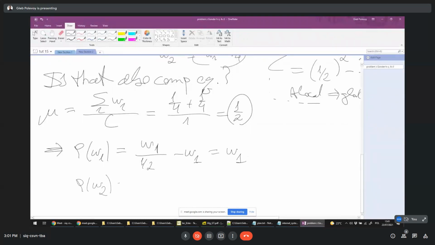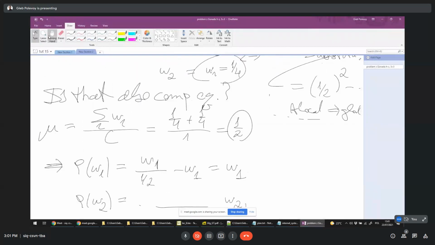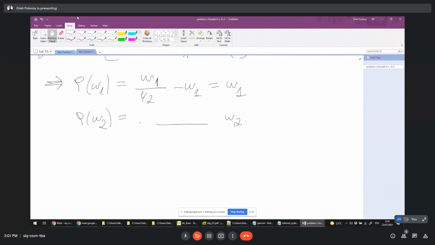Now, that's not a competitive equilibrium, because everyone would definitely profit by indefinitely increasing that. So that's not optimal. Let's just finish the exercise and then make a break.